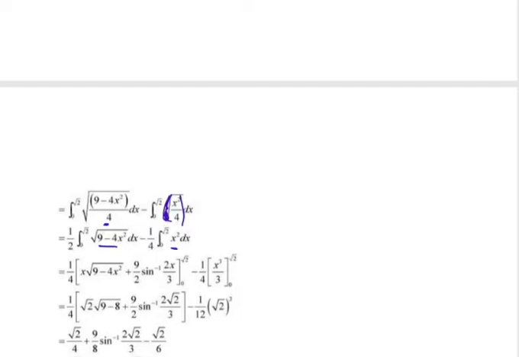Now we convert it into the form of root of a square minus x square, and simplify using the formula for root of a square minus x square.